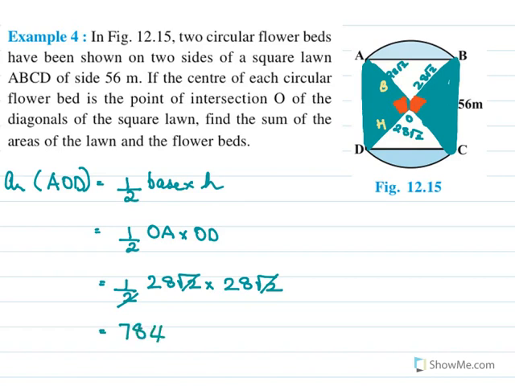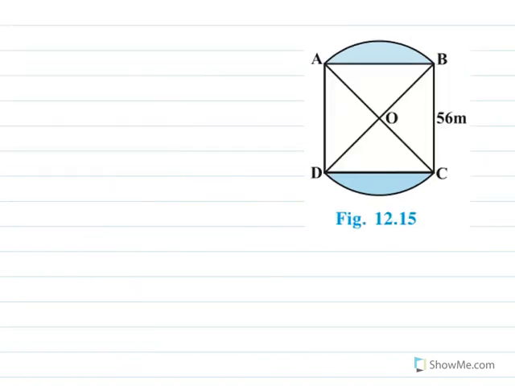Now the area of the other side is also the same, area of BOC will also be 784. Now that we have found the area of the green portion, let's go and find the area of the two sectors. We'll find the area of this sector and area of this sector.